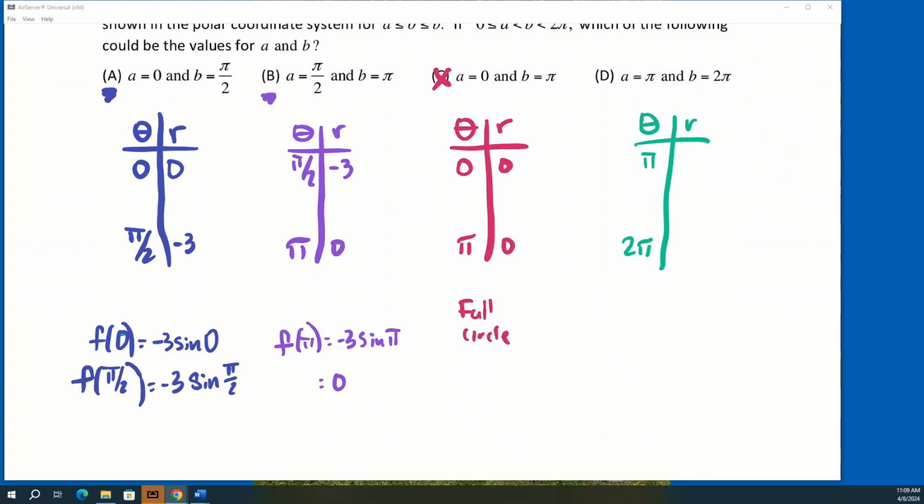All right, we already did this, 0. Sine of 2 pi is also 0, so this is not going to be a possibility. It is also a full circle. So how are we going to figure out between A and B?